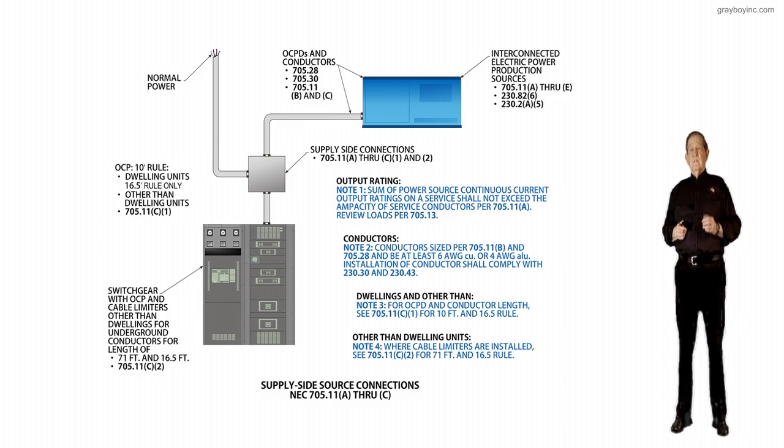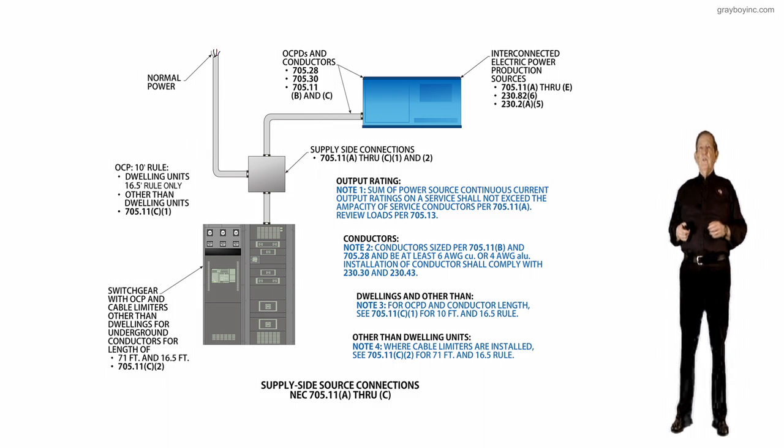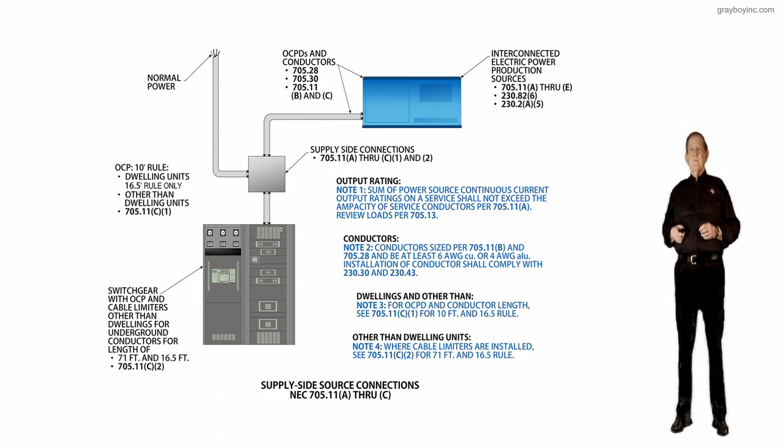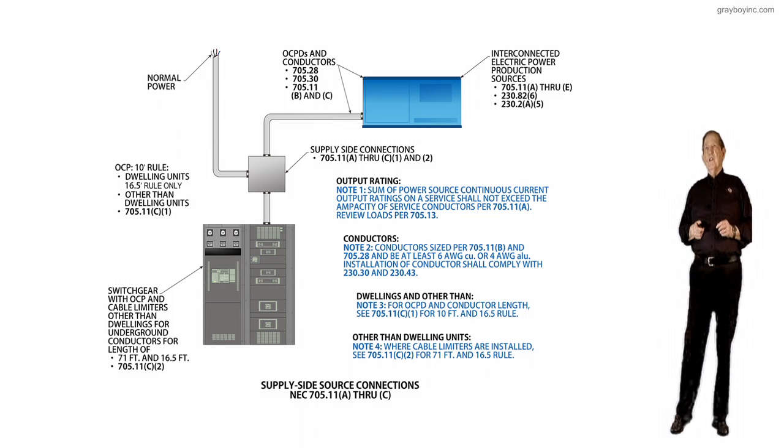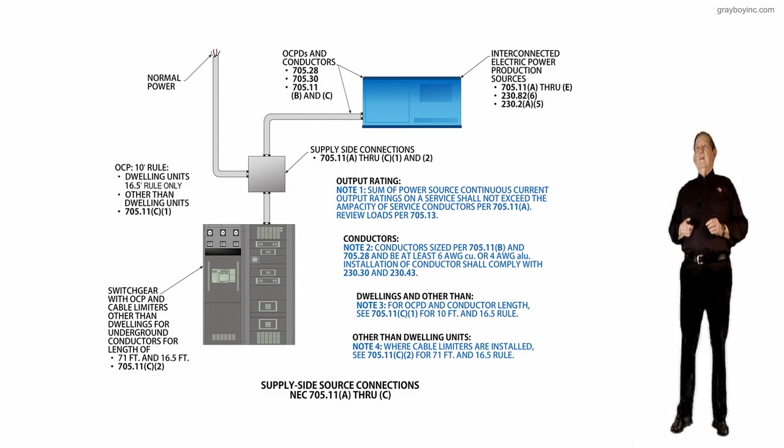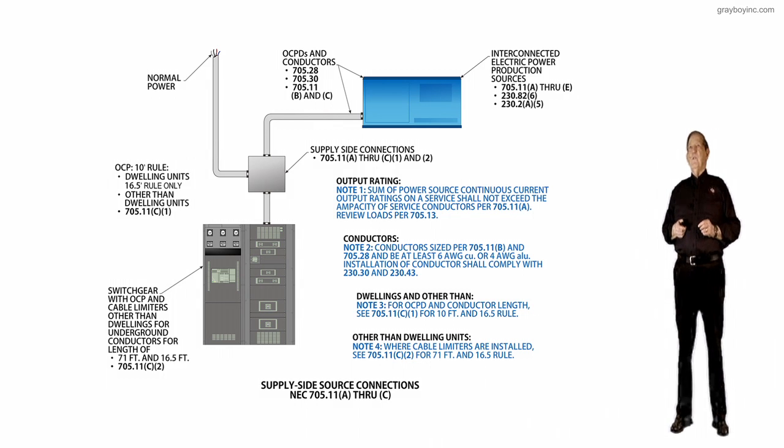Now, to look at the callouts, first I would like to review the callout at the top right side of the illustration pointing to the generator. The callout states interconnected electrical power production sources outlined in 705.11(A) through (F).